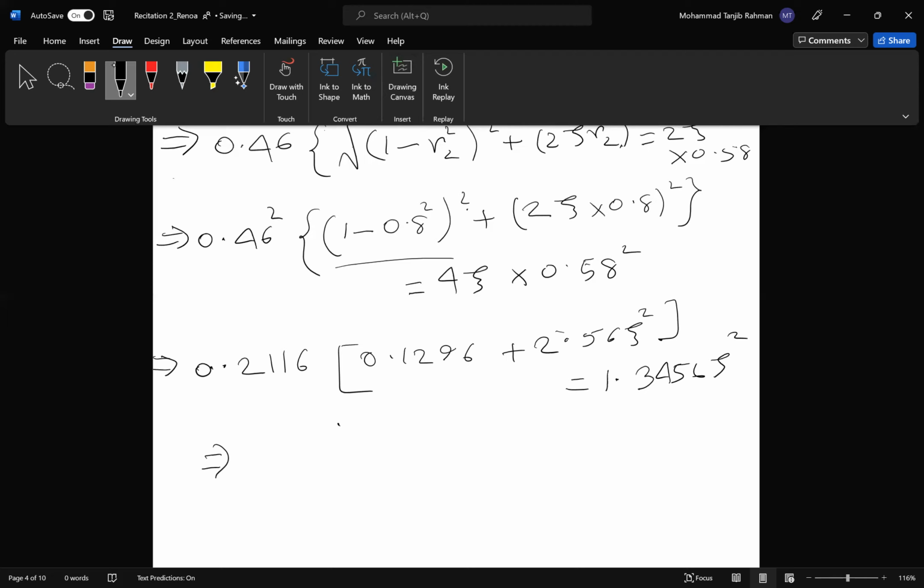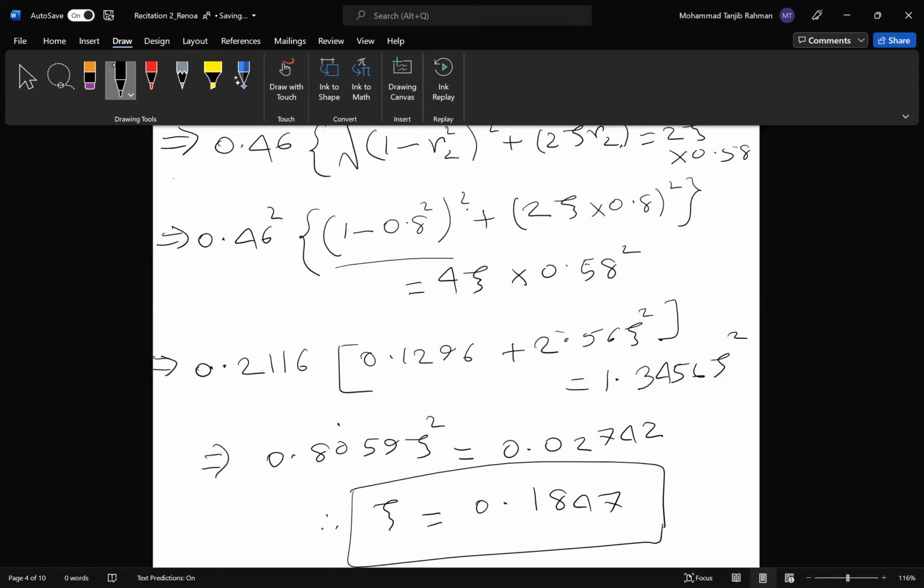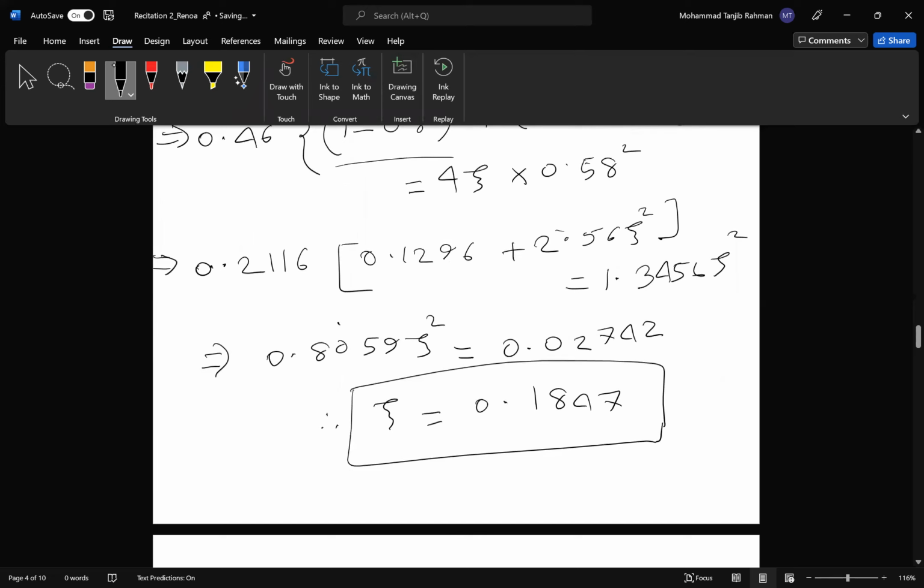So if I take everything with zeta square to one side, I'll get 0.8059 zeta square equals 0.02782. So the result would be 0.1847. So does any of you have any question about this problem?